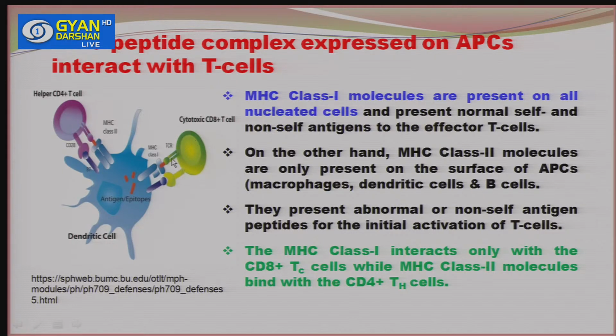They are able to recognize the MHC molecule. MHC first molecule is here. Here is the MHC second molecule, and ultimately activation, maturation and differentiation of the T cells will take place. The interaction is very important. Without interaction, the T cell will not work.